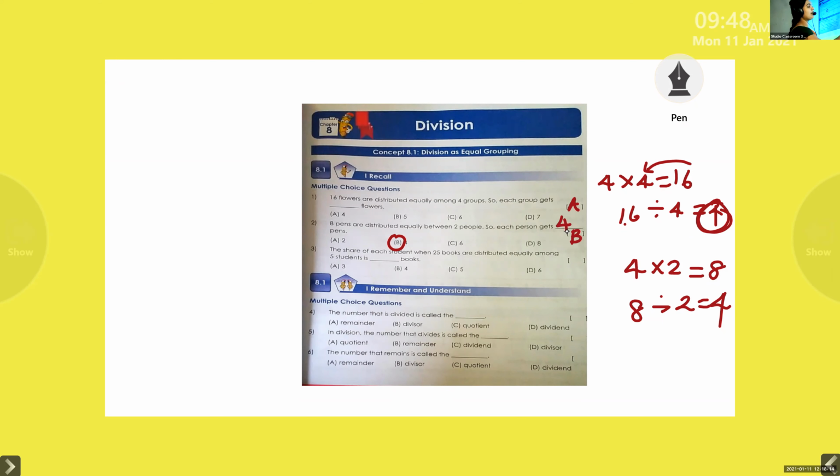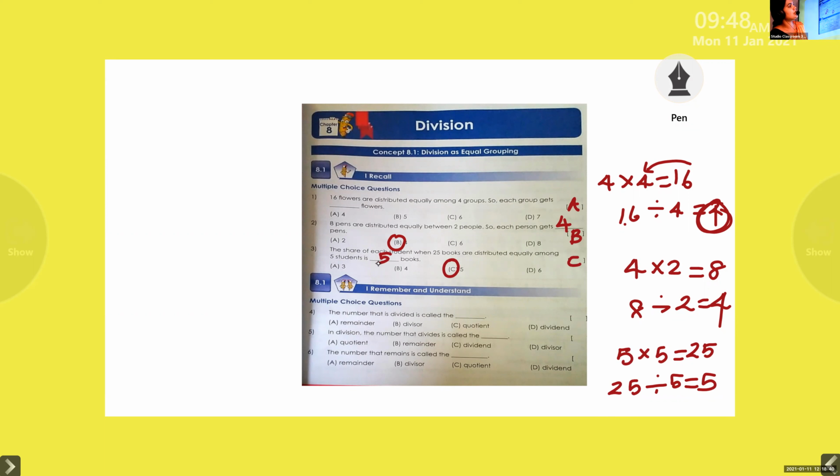That means we have to find 25 divided by 5. In the table of 5, 25 is coming. 5 into what you will get 25? 5. 5 fives are 25. From this we can write 25 divided by 5 is equal to 5. So the answer is 5. Option C. Very good.